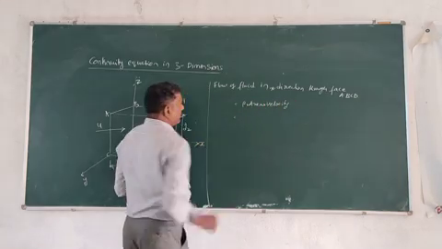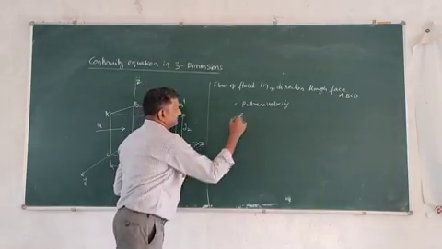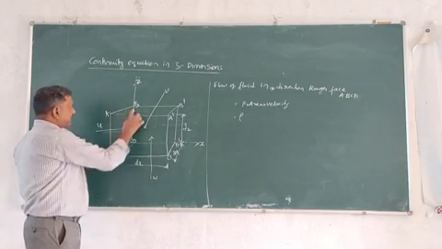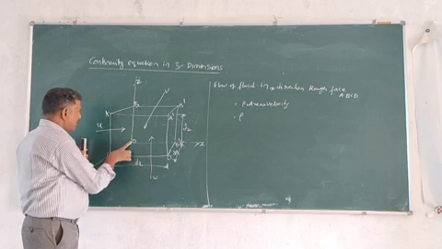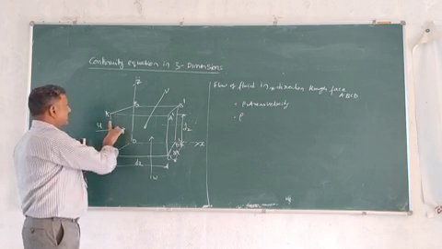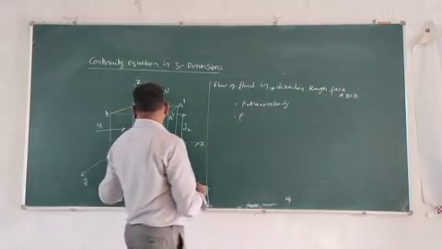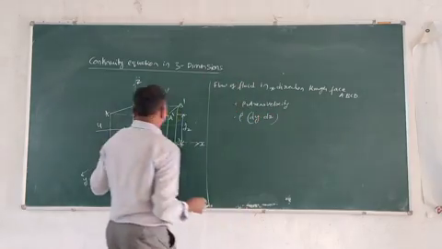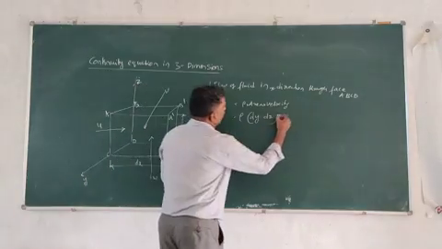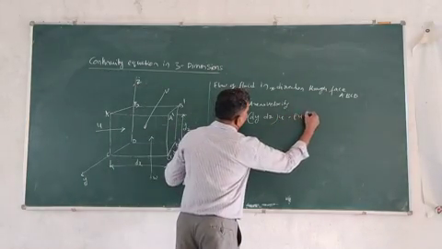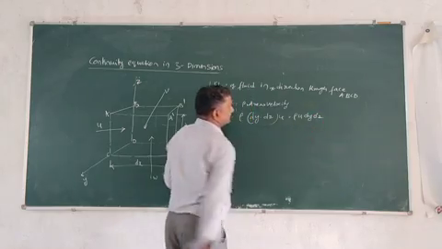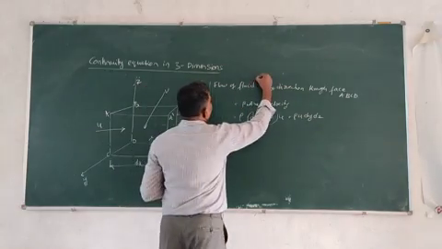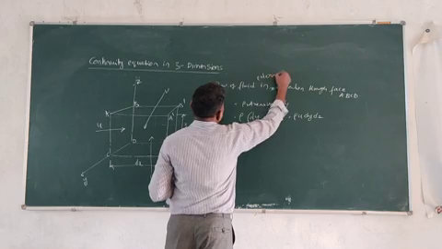Rho is the density. Area has coordinates this one and this one, length into height, that is dy dz. Velocity in x direction is u. So we can write rho u dy dz. Understand? This is the fluid entering.